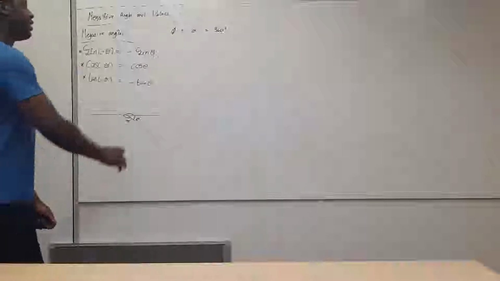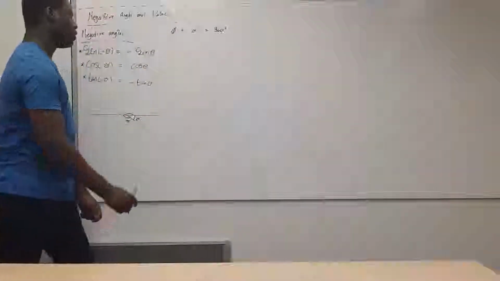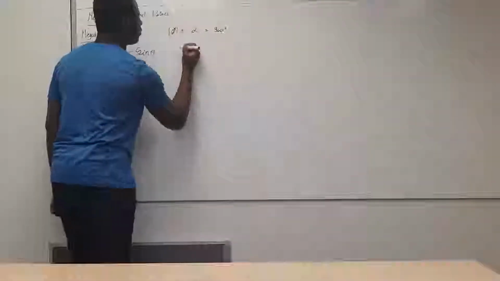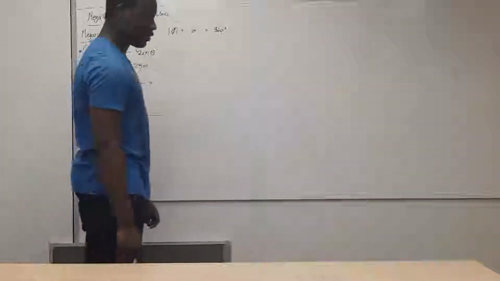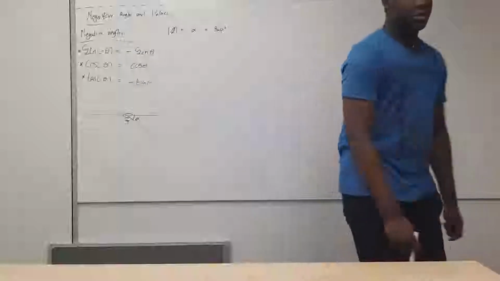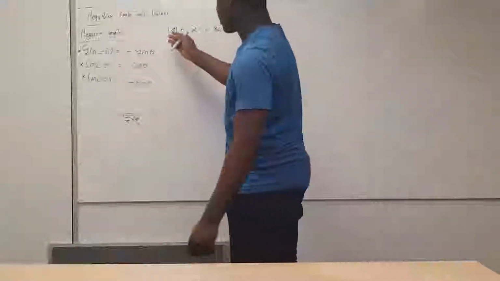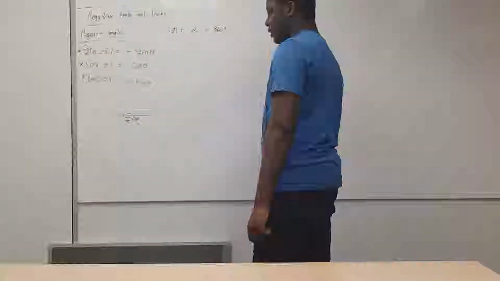We know phi is a negative number, but what we're doing is taking the absolute value of the negative angle, so it becomes positive. So this is equal to 360 degrees.